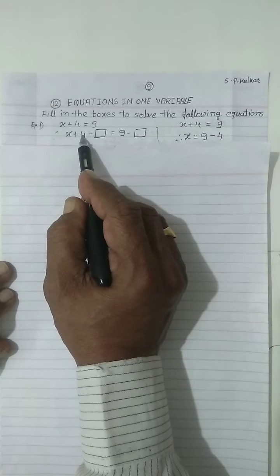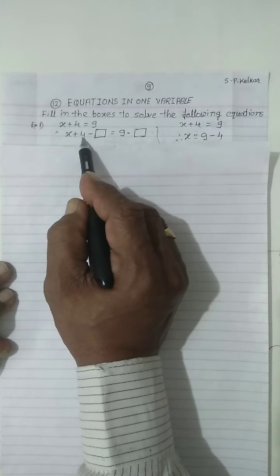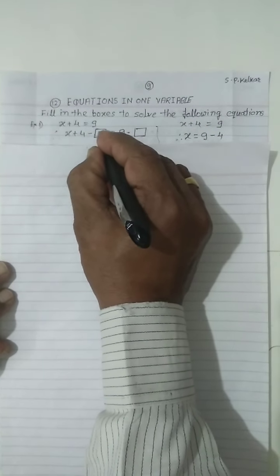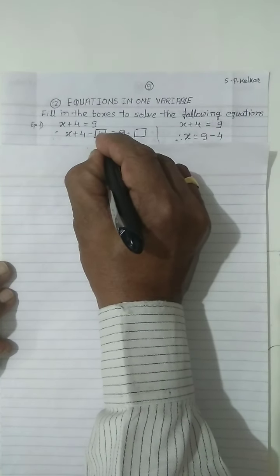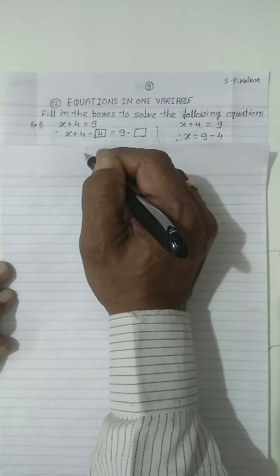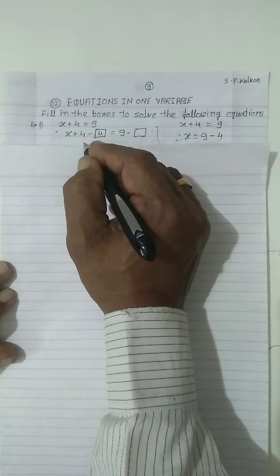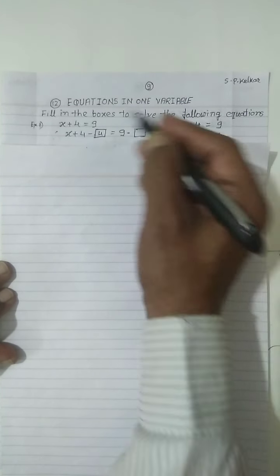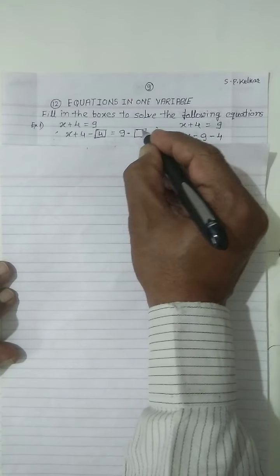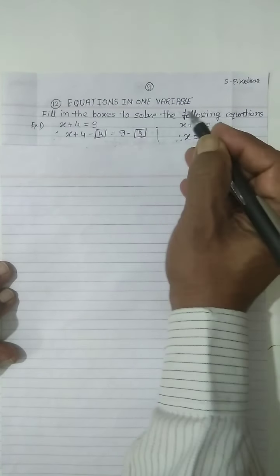Then we cancel it. See, x plus 4 minus 4, means the same number is subtracted from this left side. We subtract 4 from this left side, then we must subtract the same number from the right side.